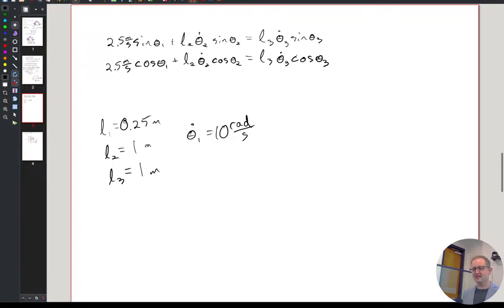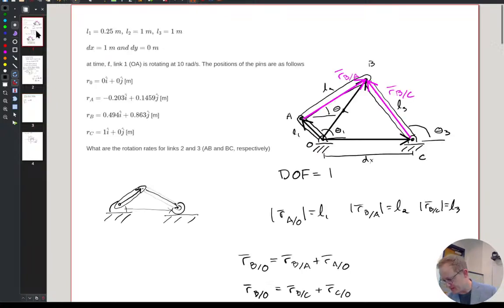What is it describing? Coming back to how we originally set up the problem, if I know theta 2 dot, what is that telling me about either the system or an individual part?